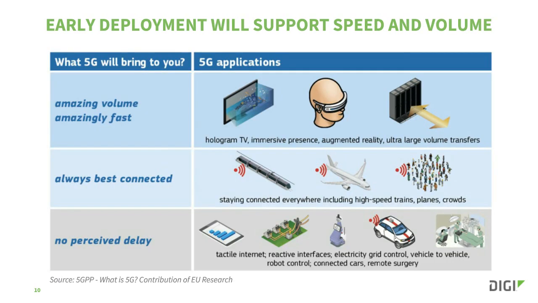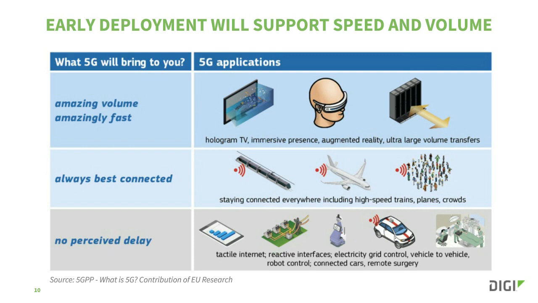solace. Early deployments are really focused on speed and volume of data, and you can see this from the 3GPP reference down below. Things that are always highly reliable, connected, with no perceived delay. You have AR and VR type applications, which are similar to the self-driving vehicles. Automation and control at both the vehicle level and the factory level.